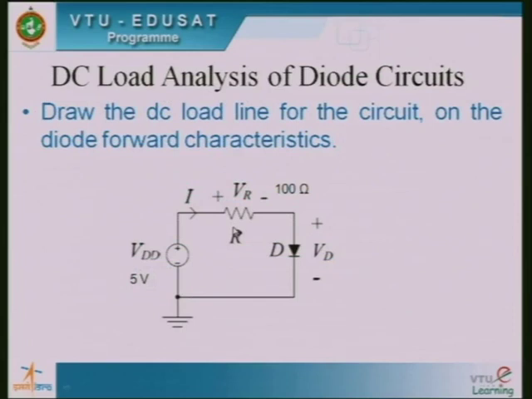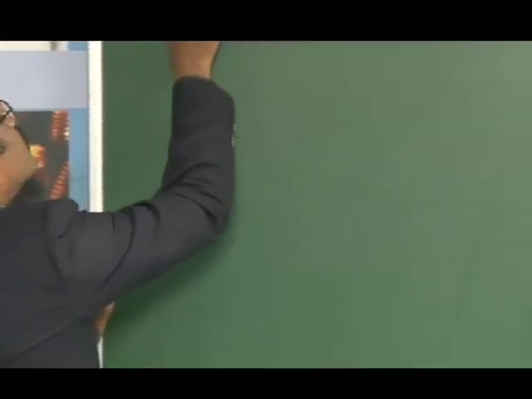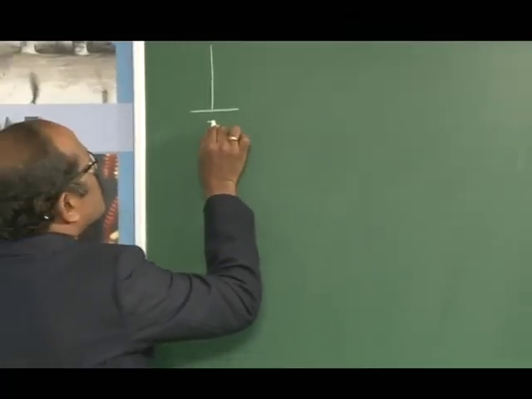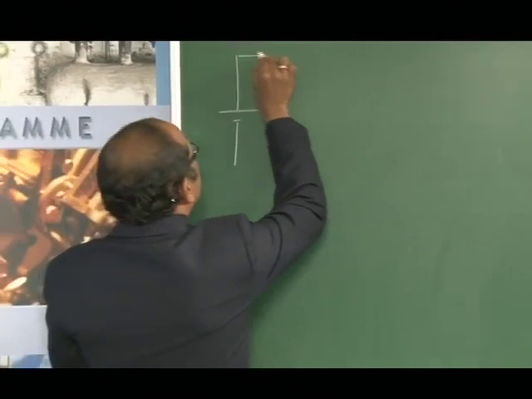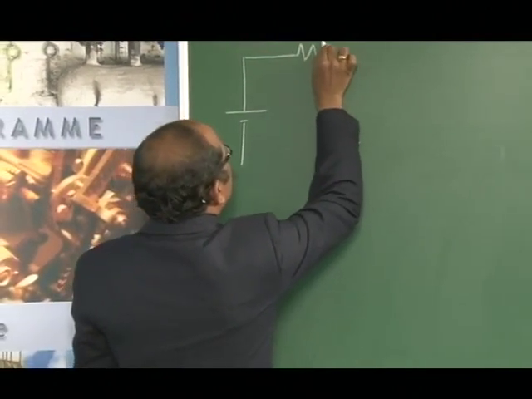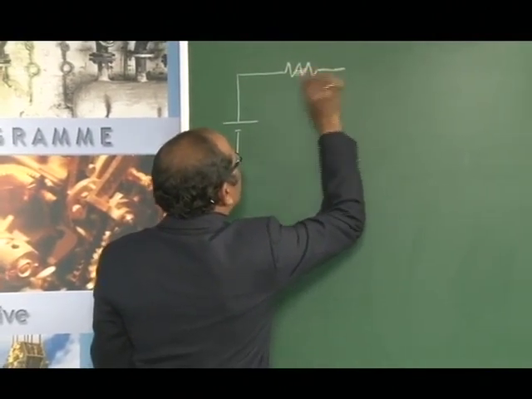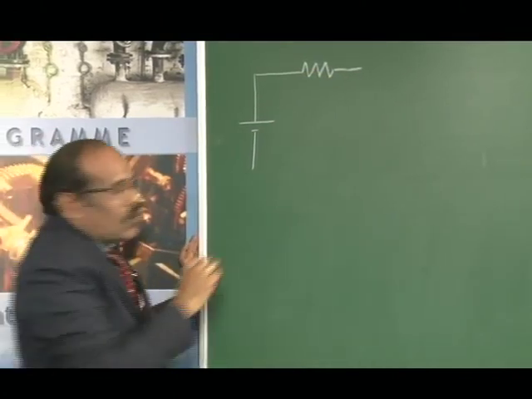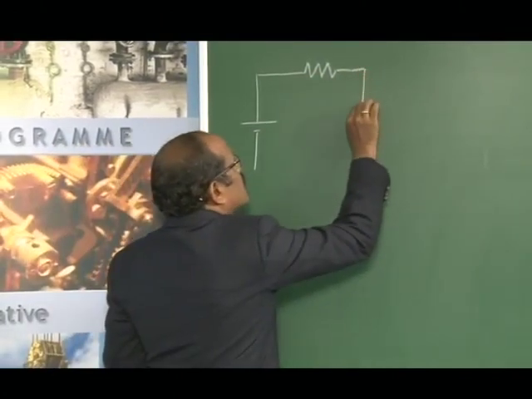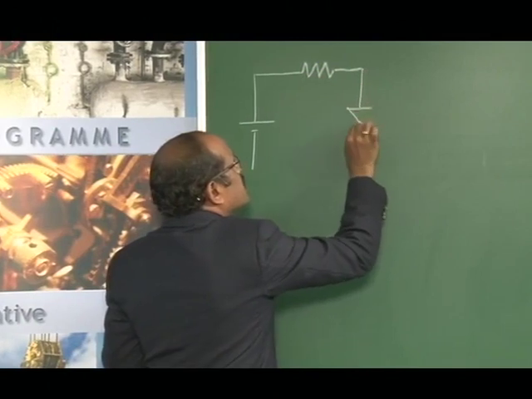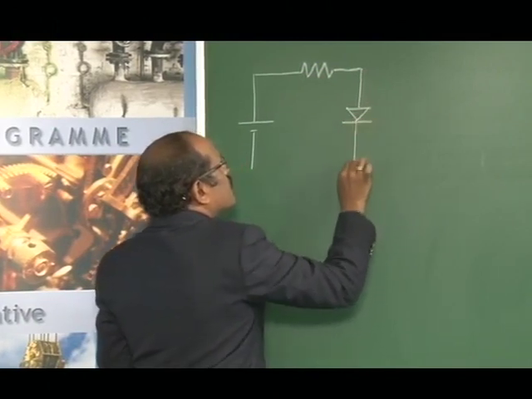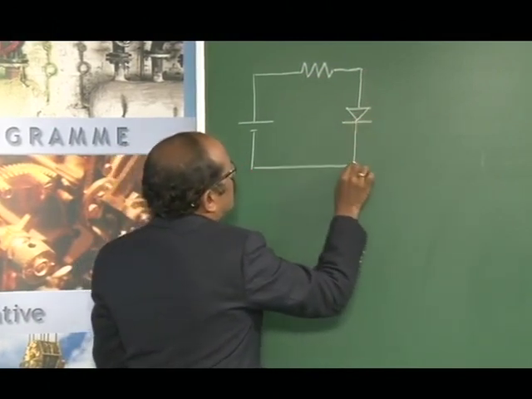Okay, now let us take one example here. We have a DC supply in series with the load resistance, which is once again in series with a diode.